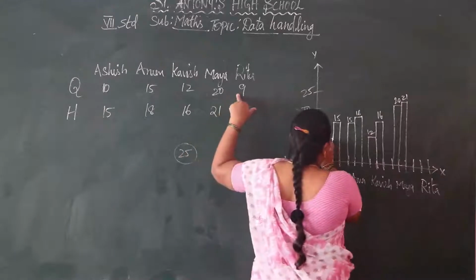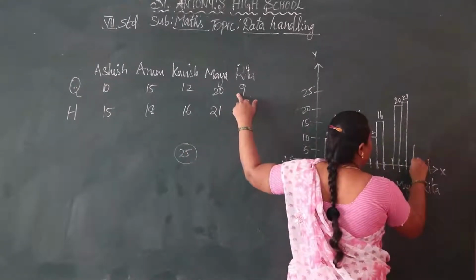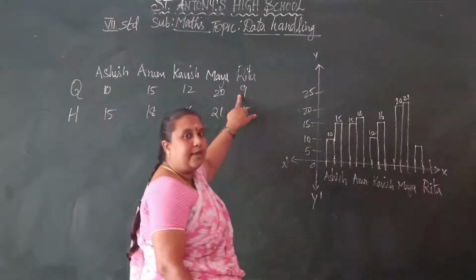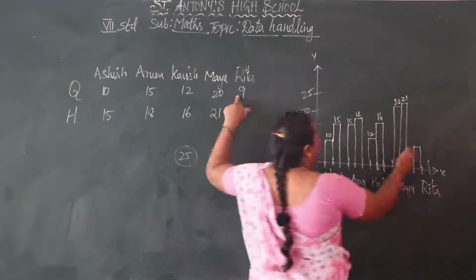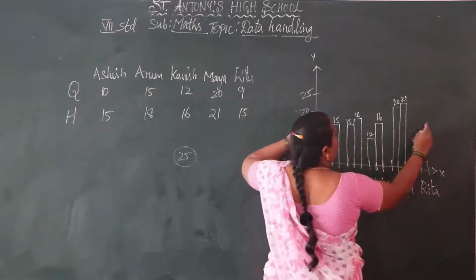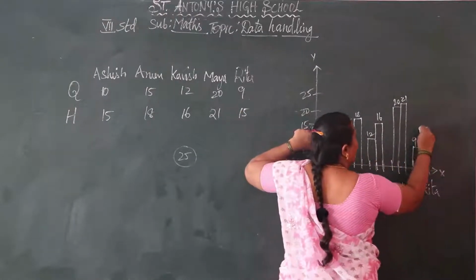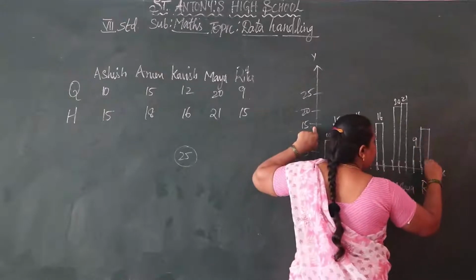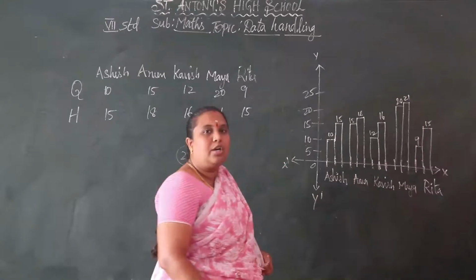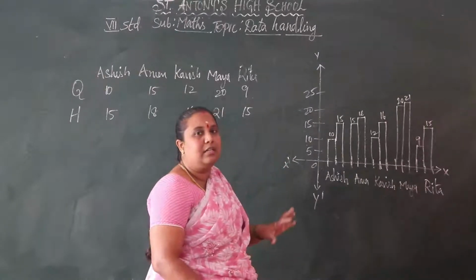See, Rita scored only 9 marks in quarterly out of 25. And then in half-yearly, 15. See here. So keep the pencil and scale and draw the bars. Without the scale, if you draw the bars, it's not clear.